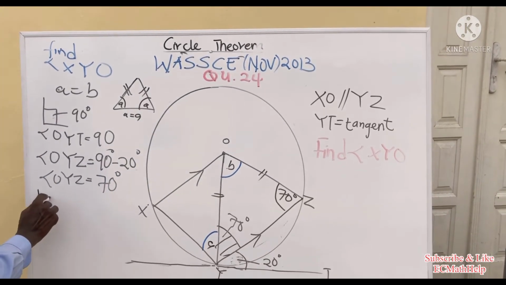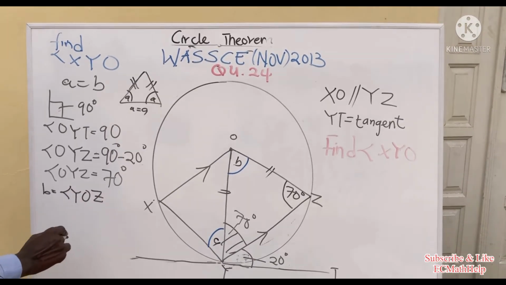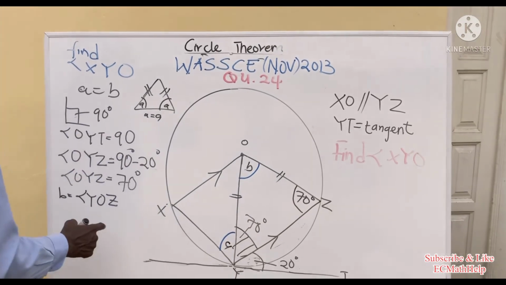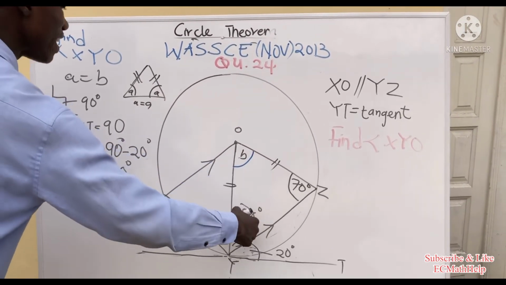B is angle YOZ. We know that 70 plus 70 is 140. So this forms a triangle, so we can subtract these two angles from 180.